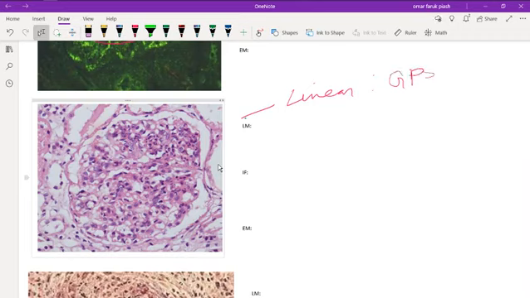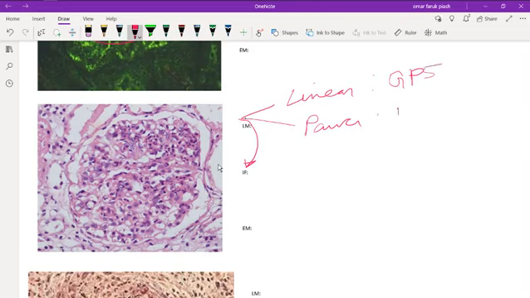In Goodpasture syndrome, there is antibody against the GBM. Linear immunofluorescence in Goodpasture syndrome.